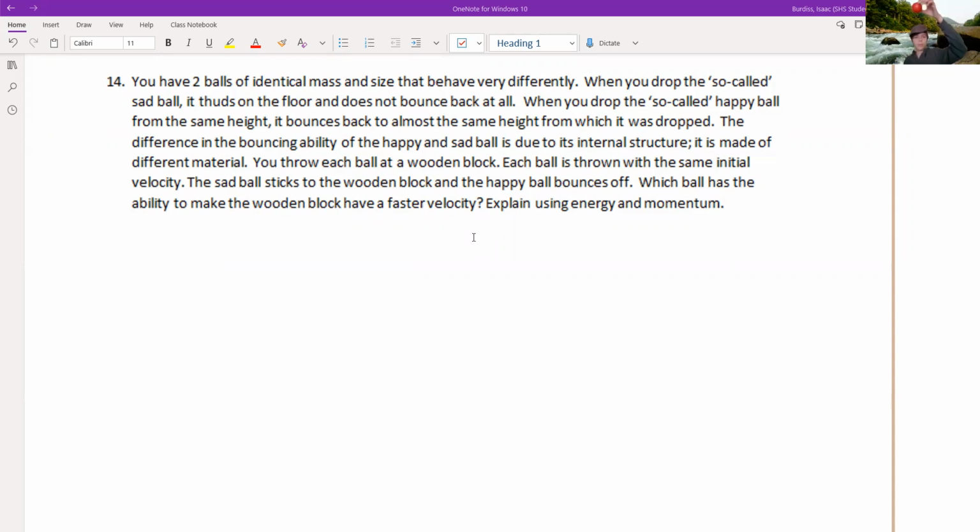You drop the so-called happy ball and it bounces back to almost the same height. Well, it didn't in my case, but whatever. So these are the same things. One doesn't bounce back and the other one does. Whatever. We can just skim, but now we're throwing it at a wooden block.